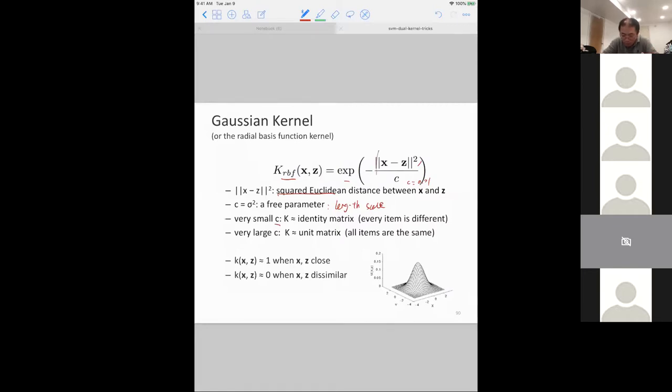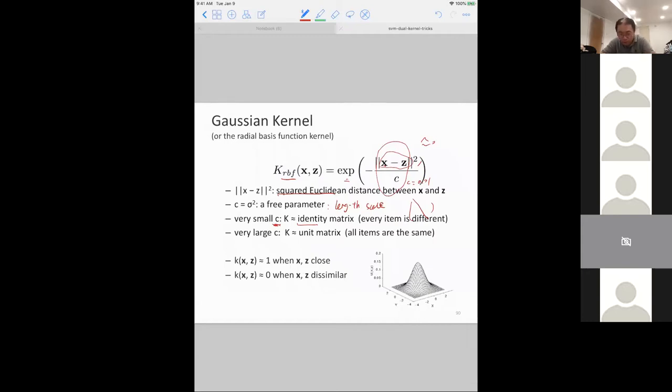Then you take the exponential of the negative of this number, and it will be approximately 0. So only the diagonal elements in your kernel matrix are nonzero, because the diagonal elements are x minus x, so 0, and 0 over c is 0, so you take the exponential of negative 0, and that is 1. So when your length scale c is very small, your kernel matrix is approximately an identity matrix.